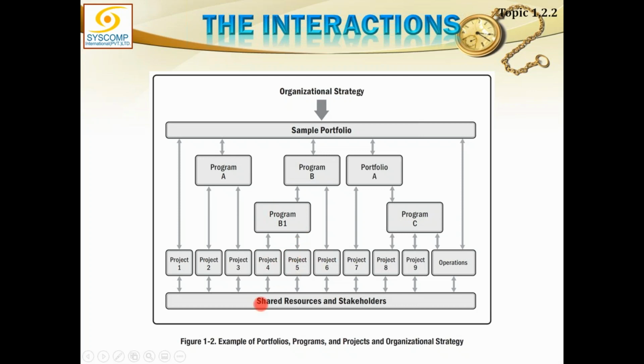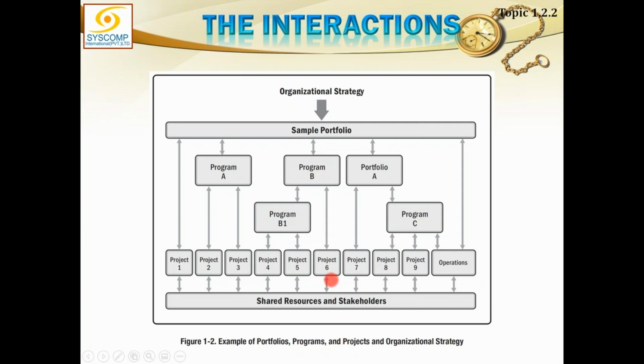This sub-program B1 is acting or behaving exactly like program A. It has got 2 projects that are answerable to program B1, and the main program, program B, has actually assigned a major part of its strategy to program B1, and based on that, program B1 has formulated project 4 and project 5, which are answerable only to program B1. They are not directly answerable to program B.